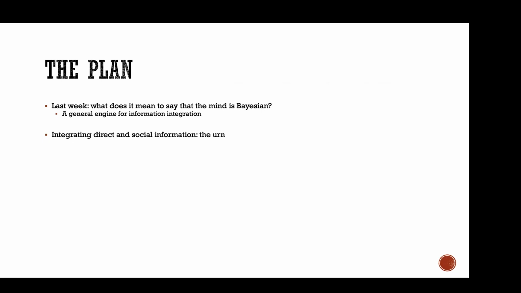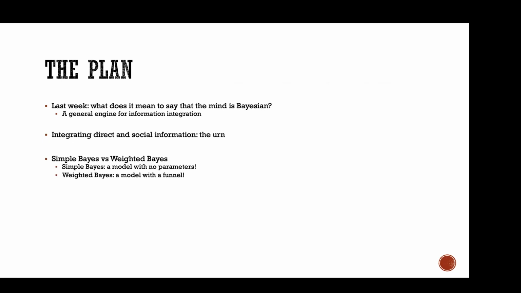We took the example of the urn, in which we integrate direct information, what we sample from the urn, and social information, that is what another person is guessing based on what they sample from the urn.